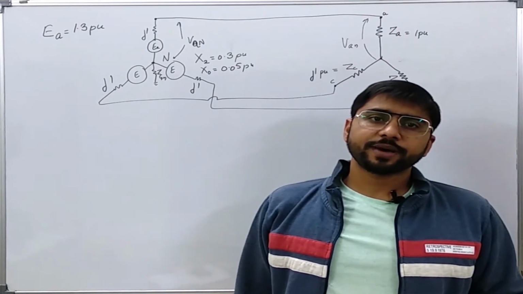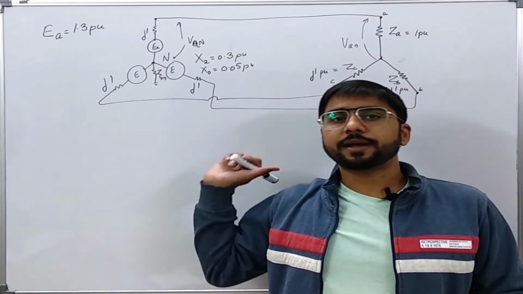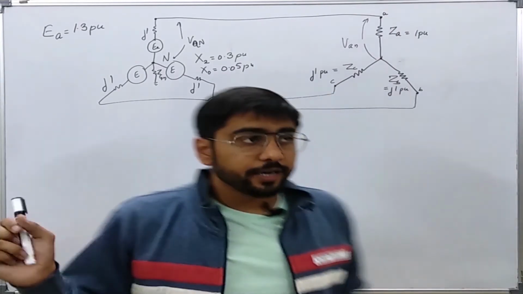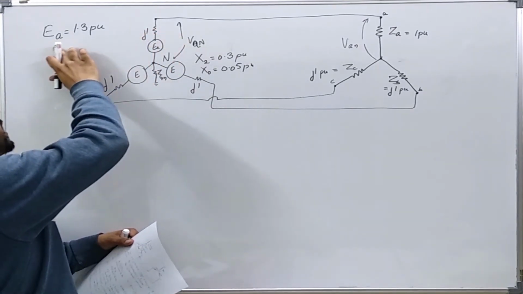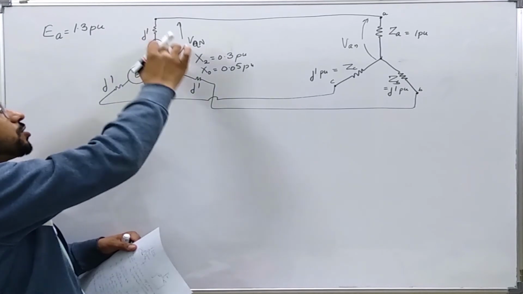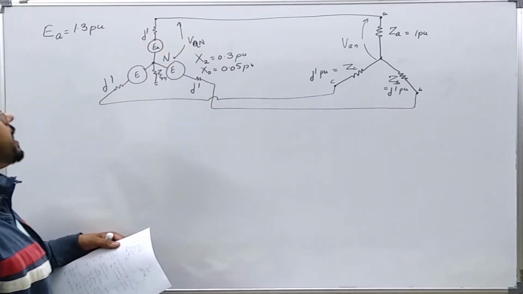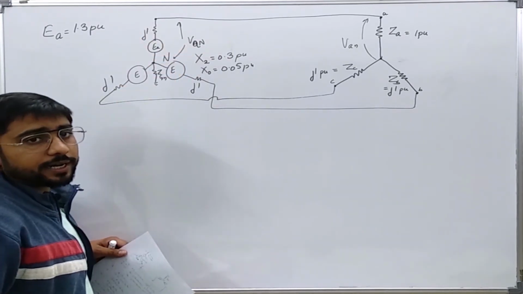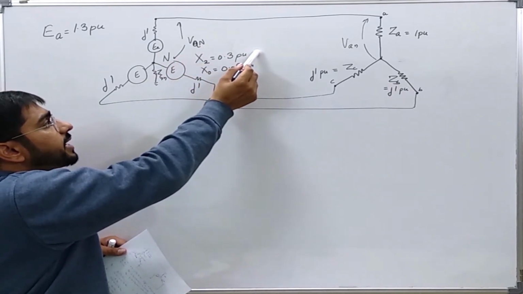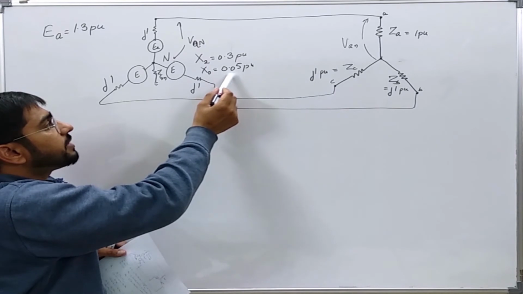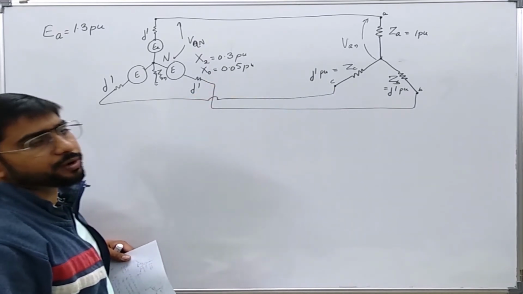Now let us see the numerical example of a 3-phase unbalanced system. In it, I have shown a synchronous generator with Ea equal to 1.3 per unit, that is the no-load voltage generated, and the synchronous reactance is j1, the negative sequence reactance is 0.3 per unit, the zero sequence reactance is 0.05 per unit.